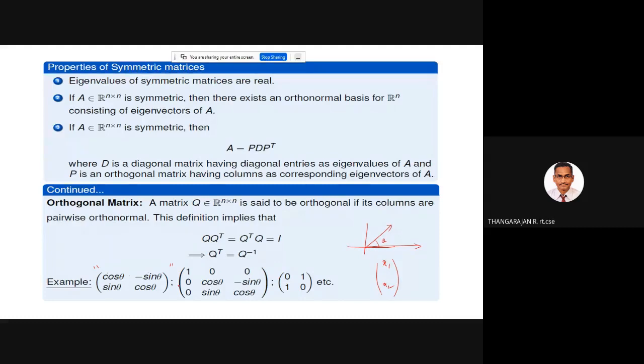I operate this matrix, with cos theta, sin theta, and minus sin theta, on this vector. What do you get? Anybody can tell me? The first line is x1 cos theta minus x2 sin theta.